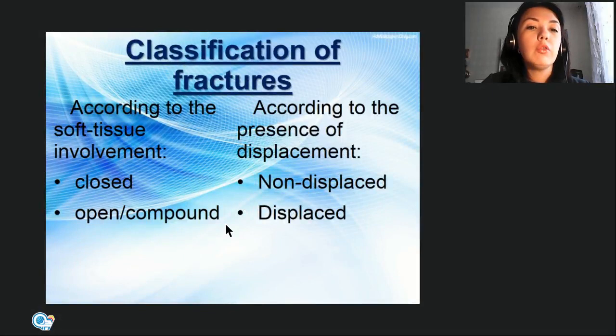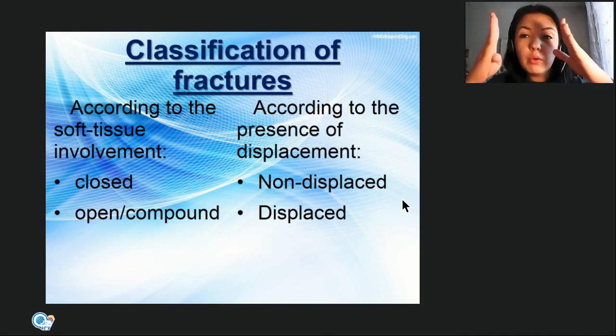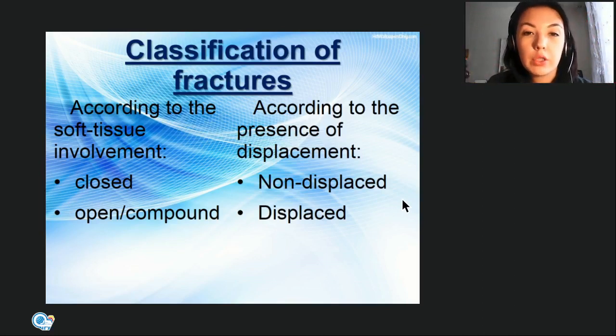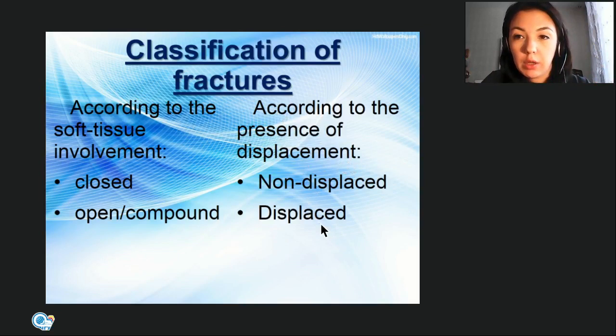Then, according to soft tissue involvement, there are closed fractures, when there is no injury of soft tissues, and open or compound fractures, when the ends of the bone can be visible outside of the skin surface. According to the presence of displacement, there are non-displaced and displaced fractures.